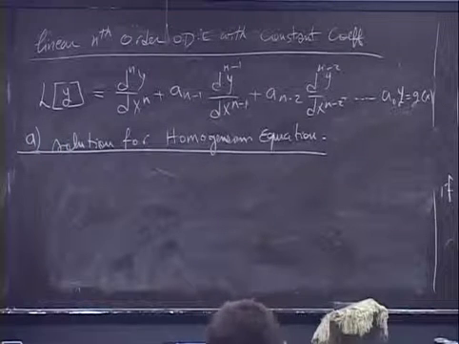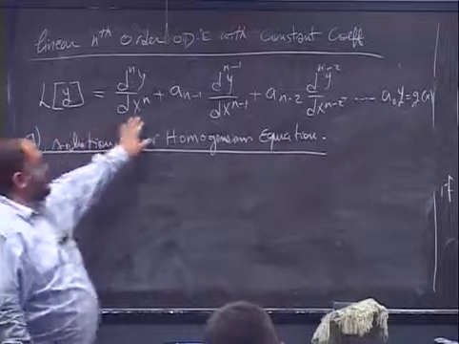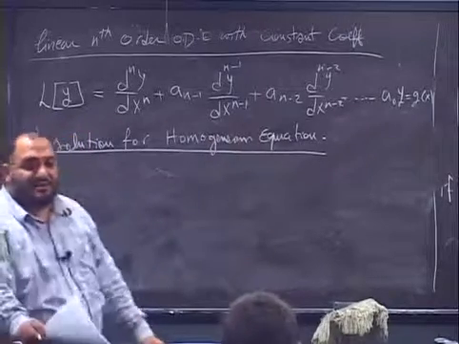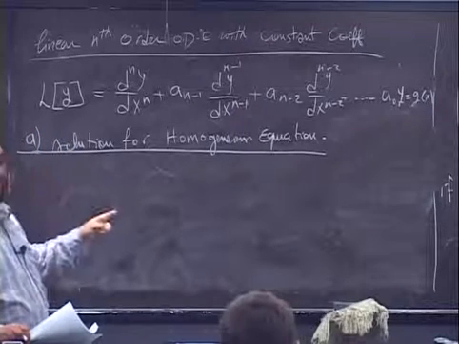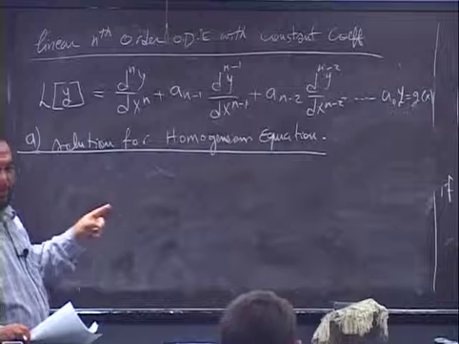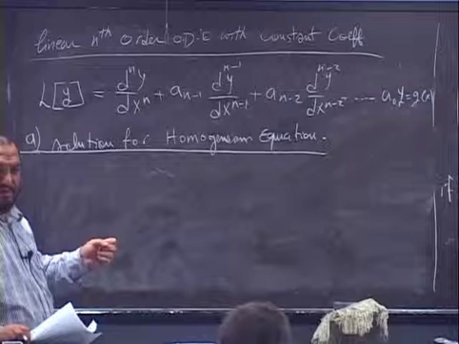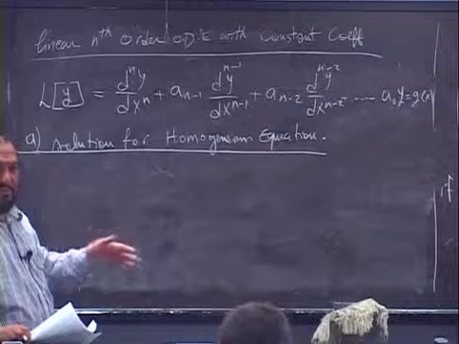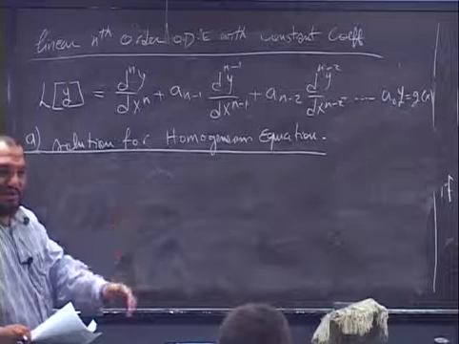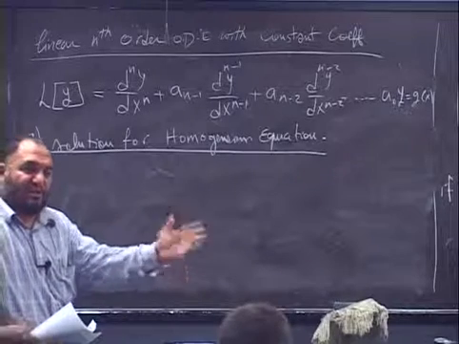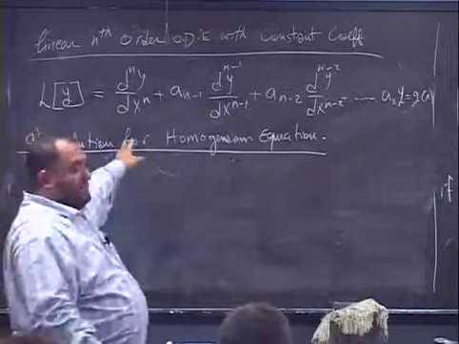Again, you remember when we wrote this as the equation in operator D. It was like a polynomial: D^n plus a_(n-1) D^(n-1) plus a_(n-2) D^(n-2) up to a_0, all operated over y equal to 0 for the homogeneous equation.